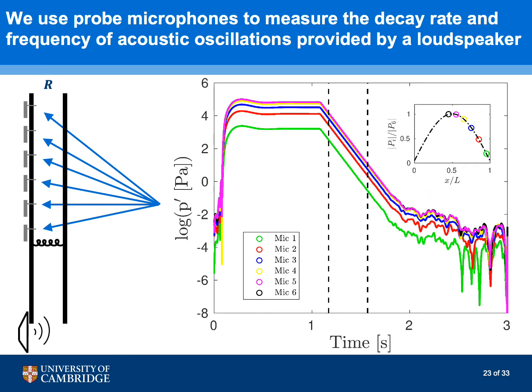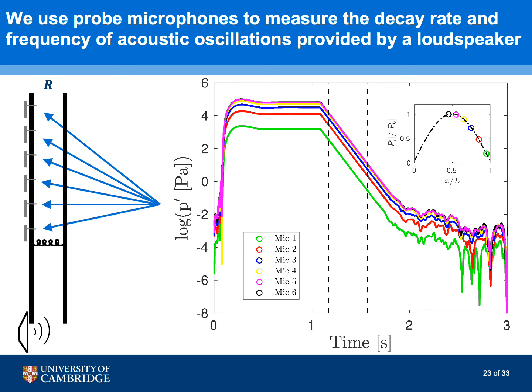The way in which we compute the decay rate and the frequency of oscillation is the following. First, we filter the signal. Then, we apply the Hilbert transform. This gives us the frequency of oscillation. If we then take the logarithm of the resulting signal and we fit a straight line in the decaying region, delimited by the 2 vertical dashed lines, we obtain also the decay rate, corresponding to the slope of the best fit line.